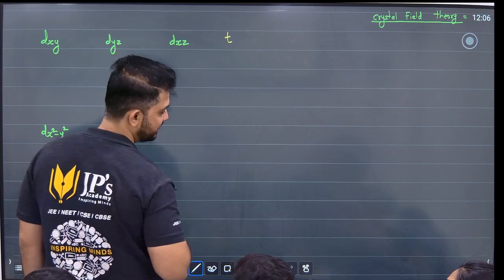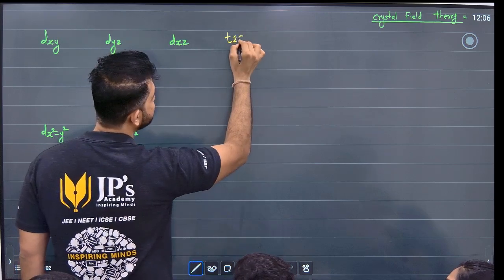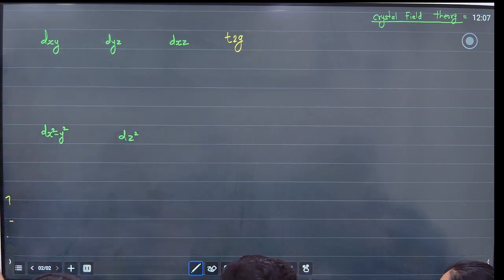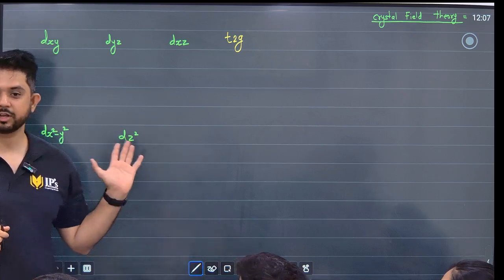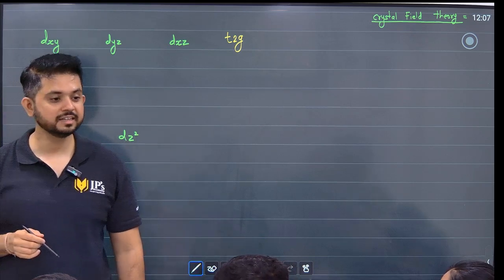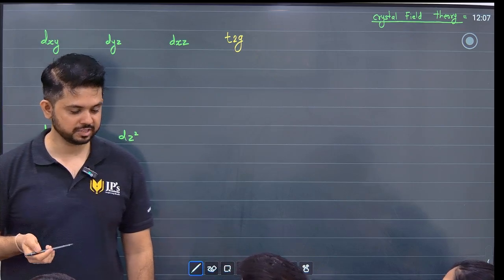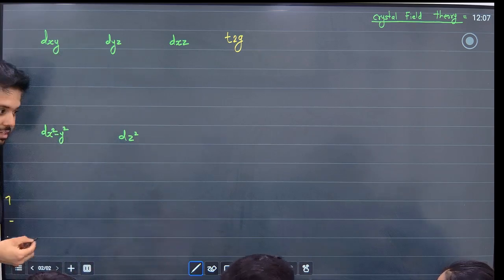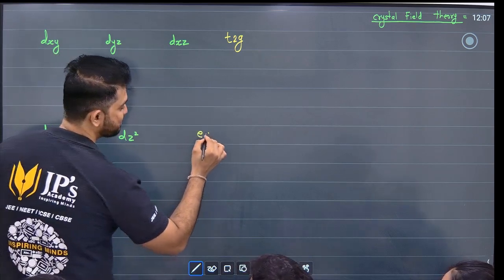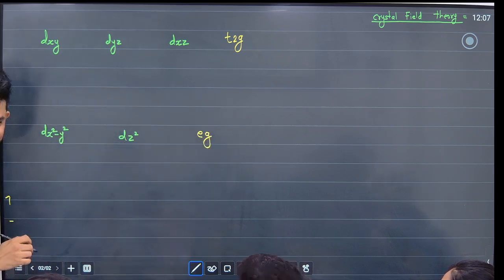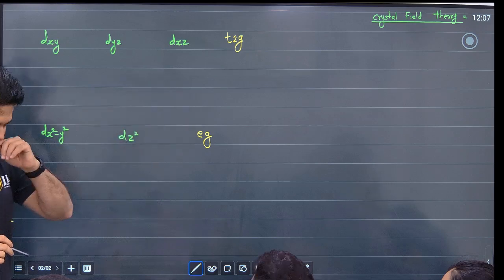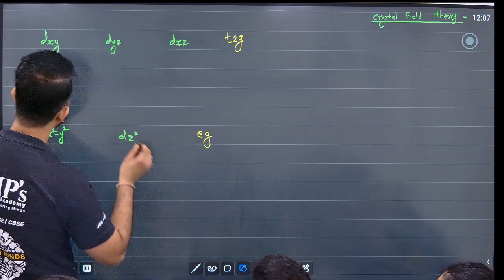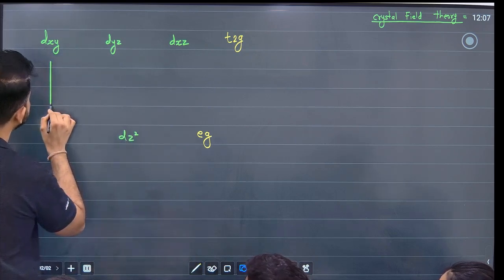T2g. And what did we call these two? Please don't say 3G, 4G, 5G. Excellent, very good. We called this Eg. There was one more name for this. These are also called as, excellent.